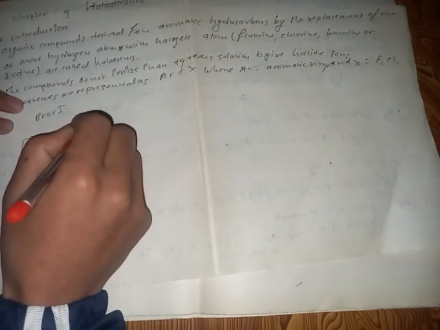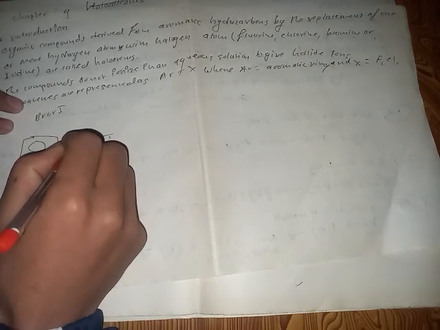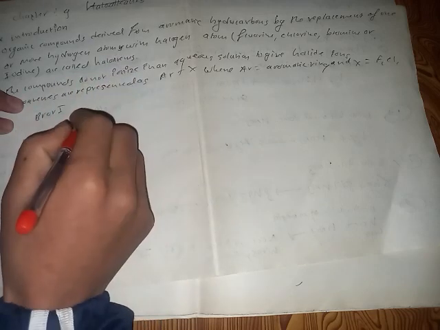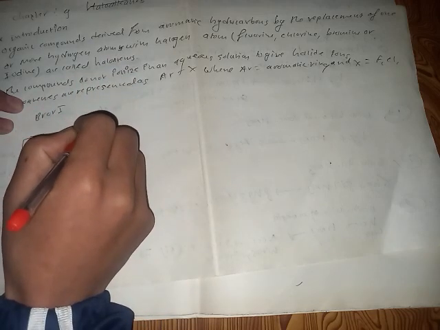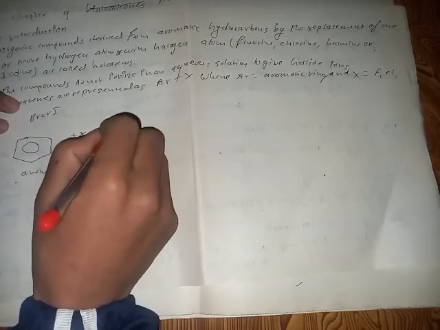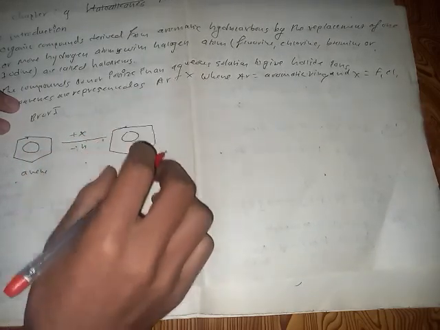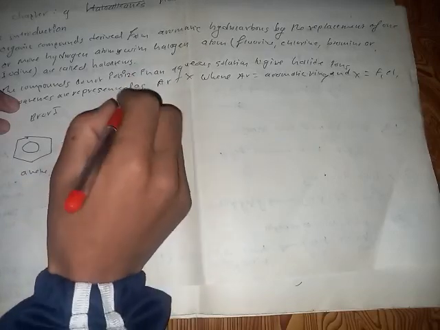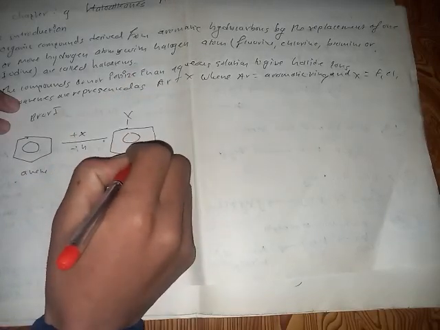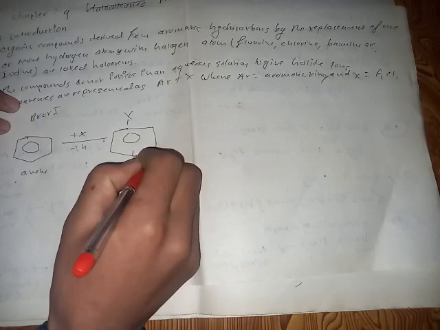The name of this compound is arene, and one or more hydrogen atoms are replaced by the halogen atom. Then the name of this compound is haloarene.